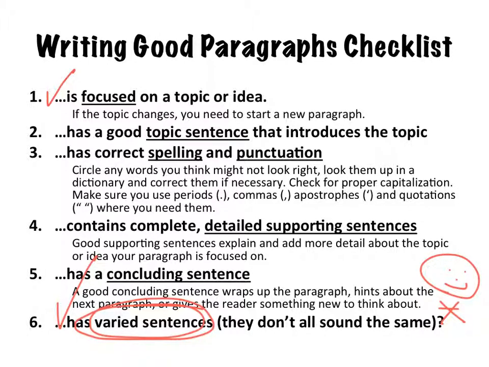And then I can get into more detail with my supporting sentences. But it's really important that your first sentence introduces the topic in some way. If I want to argue that McDonald's is better than Burger King, then I would make that really clear in my topic sentence. If I want to explain how to make pancake batter, then I would make it very clear in my first sentence that that is what the purpose of my paragraph is going to be about. A good topic sentence, introduce topic, check.